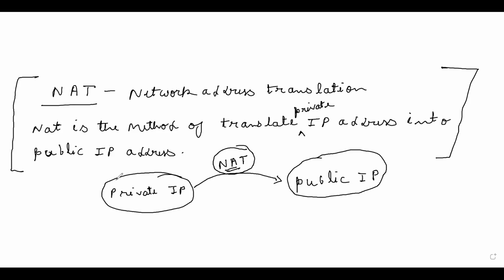So we already know what is private IP and what is public IP. So we have types of NAT according to their work. First, I have dynamic NAT.